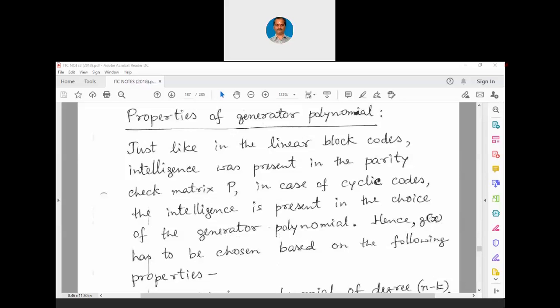In all our previous examples, the generator polynomial was given. Now using that we had constructed the cyclic codes. Please recall that in module 4, we had that parity matrix given. Now using the parity matrix, we had generated the other code words.